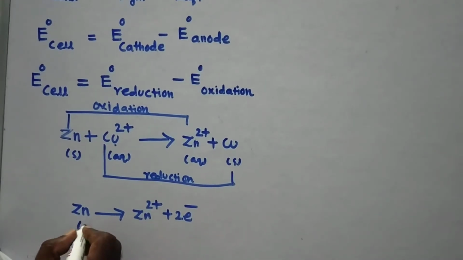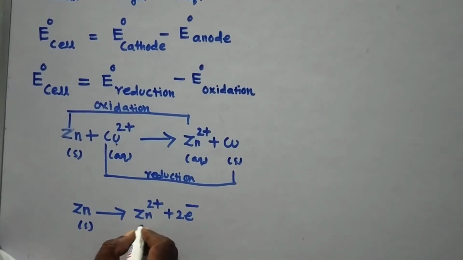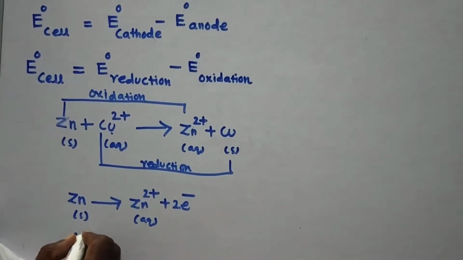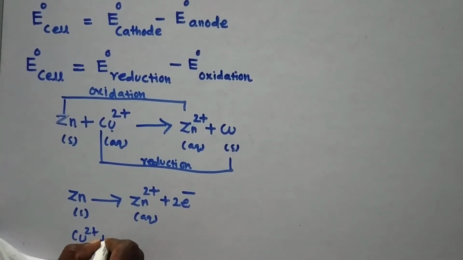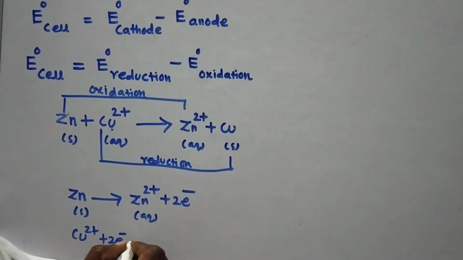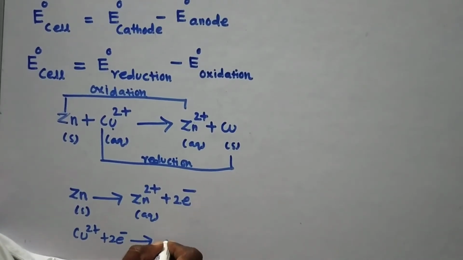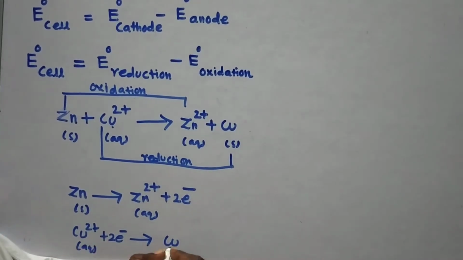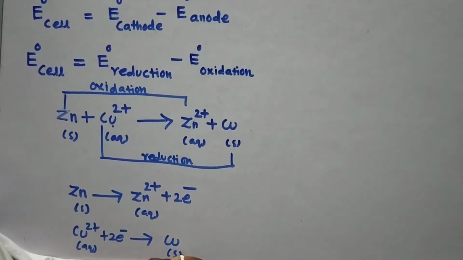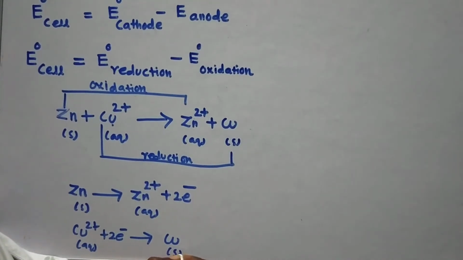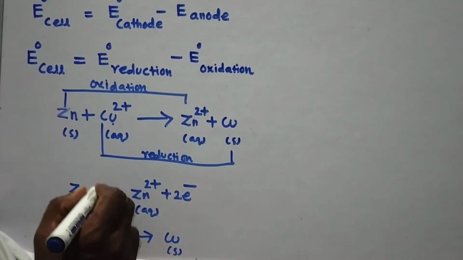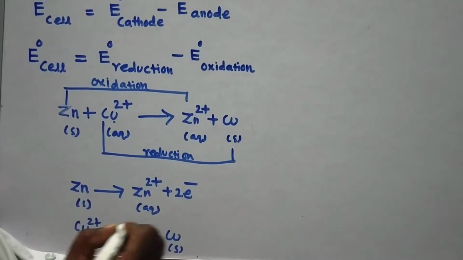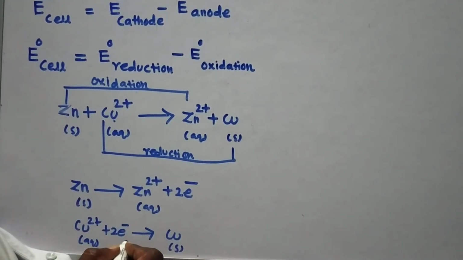This is a solid and this is in the aqueous state. Similarly, Cu2 plus takes 2 electrons and becomes Cu. Here Cu2 plus is in the aqueous state and copper is deposited, that's a solid state. Therefore, the first undergoes oxidation and the second undergoes reduction, because there is a loss of electrons in one and a gain of electrons in the other.